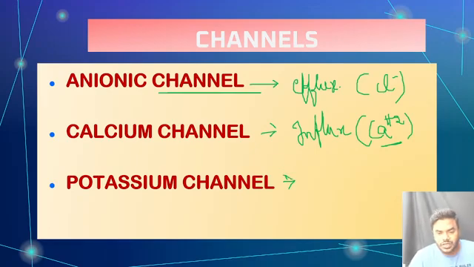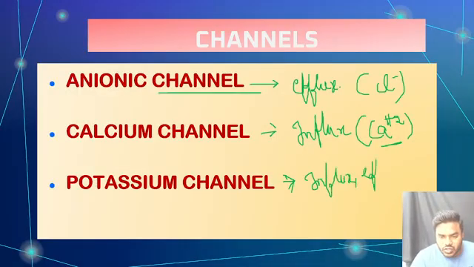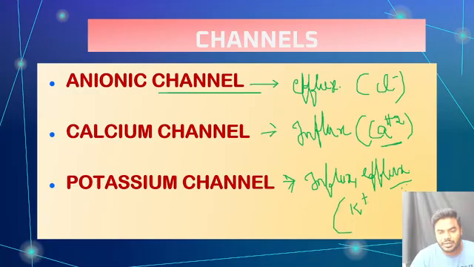Then friends, once you look into the potassium channels, potassium wants to go out and also wants to come inside. Both influx and efflux of potassium can be mediated by the channels only. You can ask me, sir, when does potassium come inside?